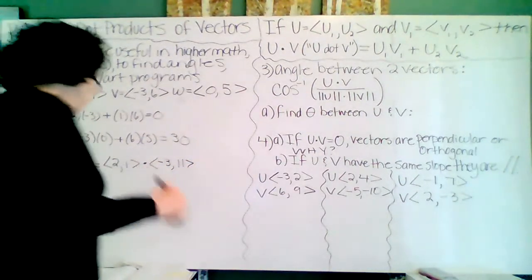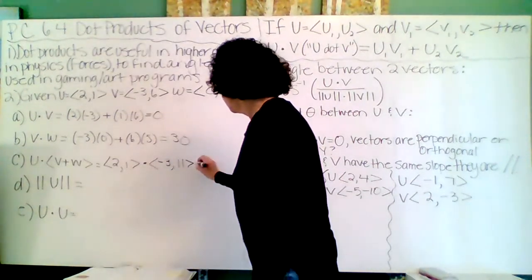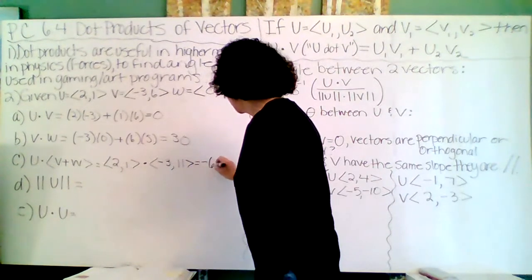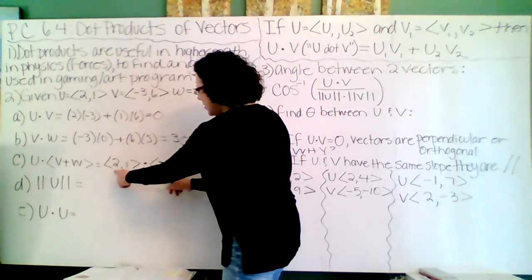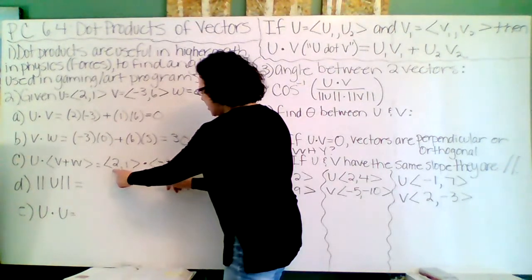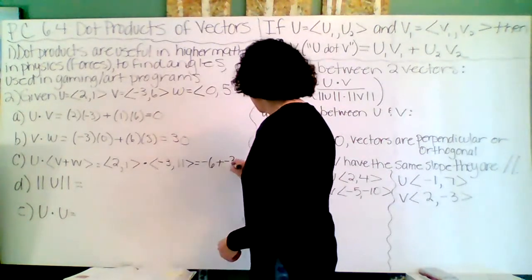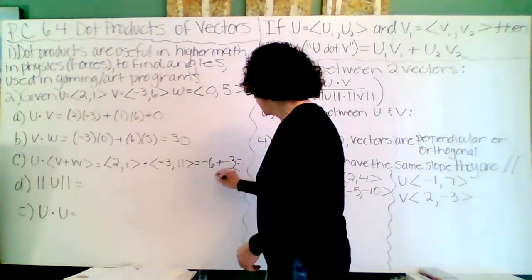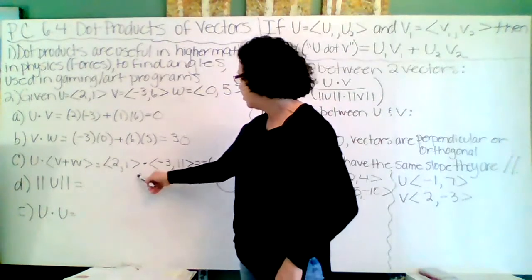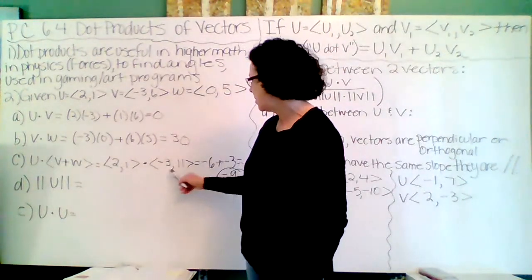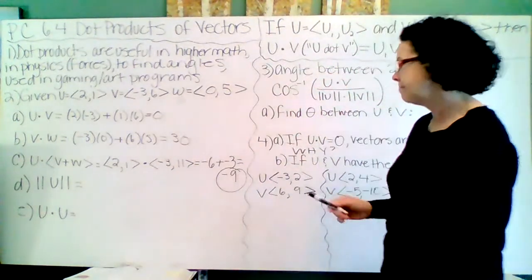And now let's do the dot product. Whoop, just tripped on the cord. 2 times negative 3 is negative 6, plus, so again, that was u1 v1 that we multiplied for the dot product, 1 times 11, and our dot product is 5. Again, I kept my u, I wrote a vector that was v plus w, and then I did the dot product using the formula here.